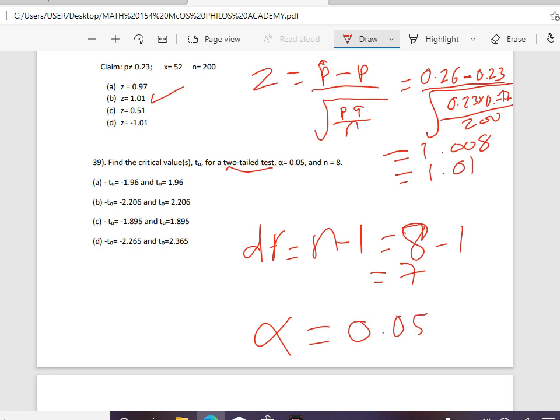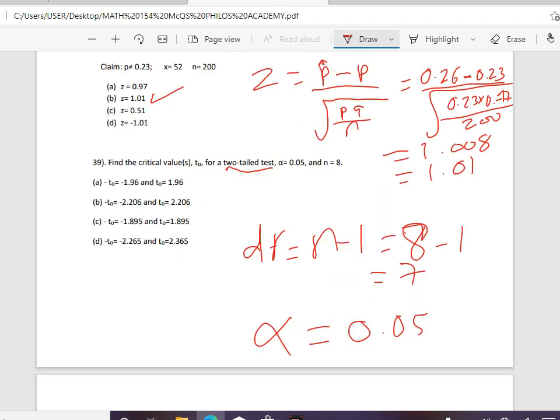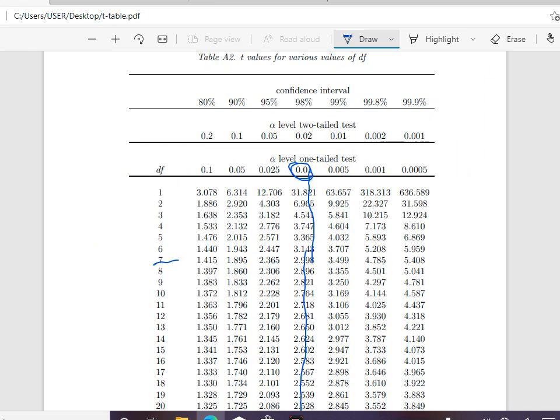So you go to your T table. Now our degree of freedom is 7, isn't it? And our alpha, they said two-tailed test. Our alpha was 0.05, so you go to where they've written 0.05 at two tail.